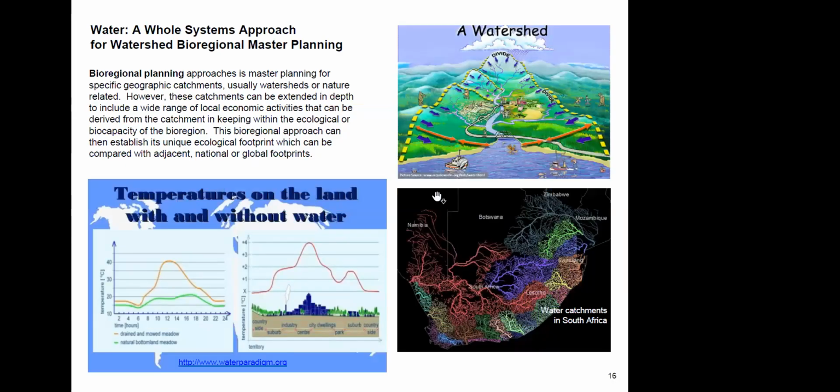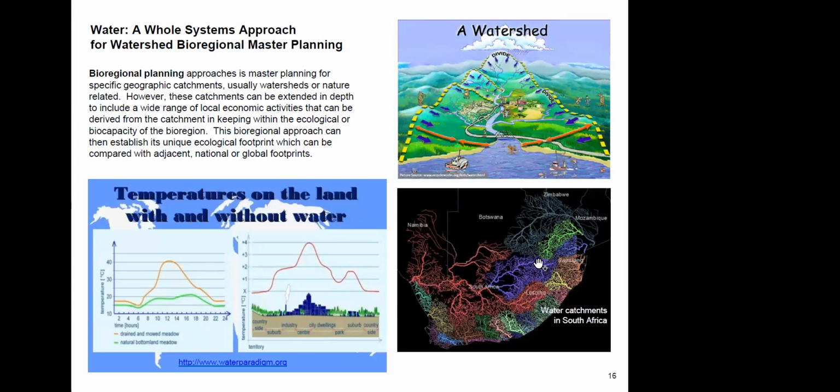Okay, so that was enough of technical kind of solutions. How do we apply these now? So let's look at these next couple of slides, looking at a whole systems approach for watershed bioregional master planning. So we need to think at this scale in terms of watersheds. Let the watershed determine our planning area.